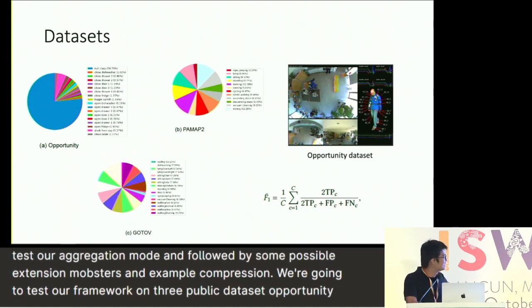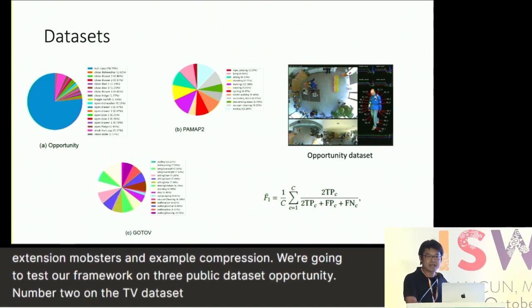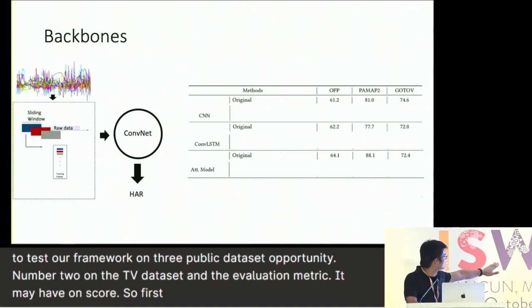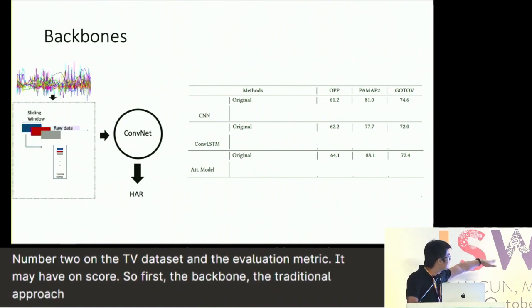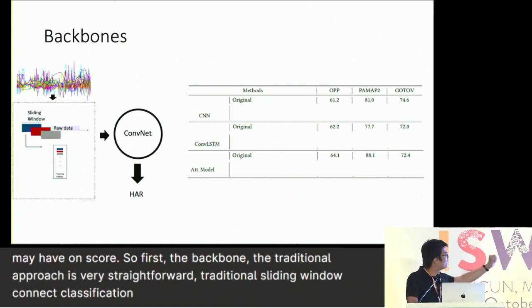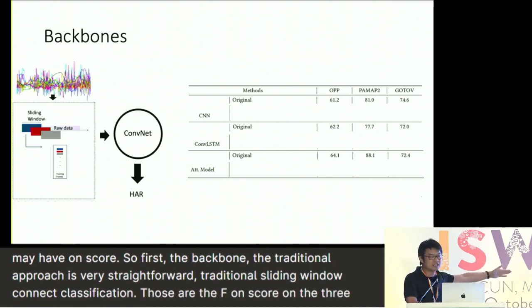The evaluation metric is mean F1 score. First, the backbone, the traditional approach: very straightforward, traditional sliding window, ConvNet, classification. Those are the F1 scores on the three datasets for CNN, ConvLSTM, and the attention model.